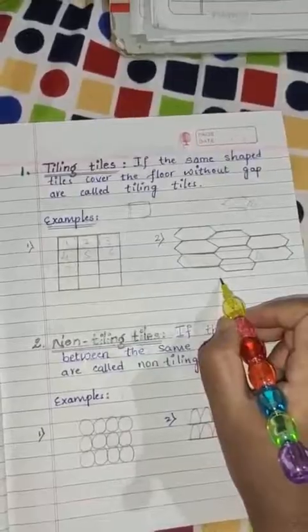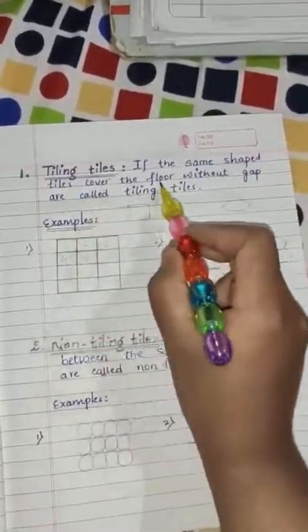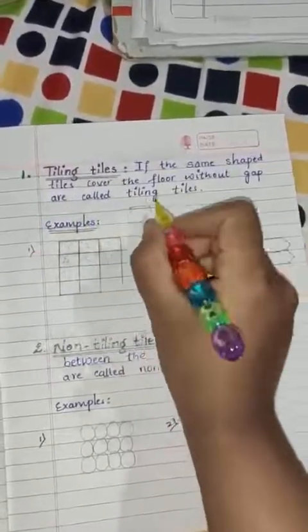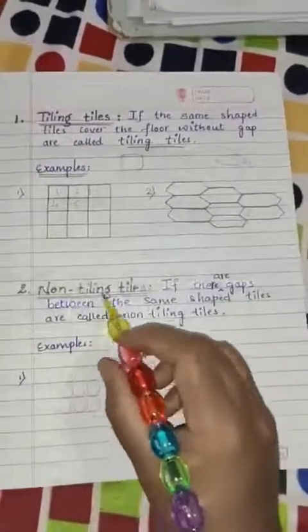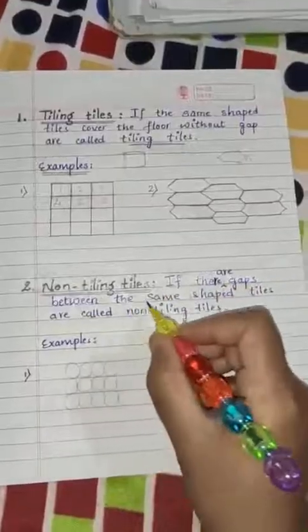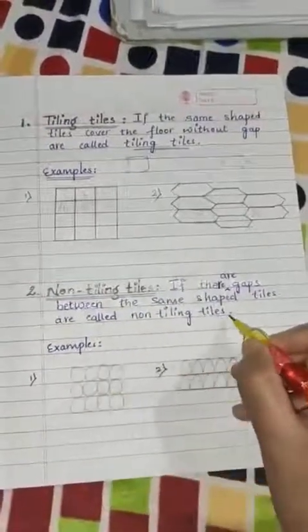Understood what are tiling tiles? If the same shaped tiles cover the floor without gap, they are called tiling tiles. Understood? The second one is non-tiling tiles. If there are gaps between the same shaped tiles, they are called non-tiling tiles.